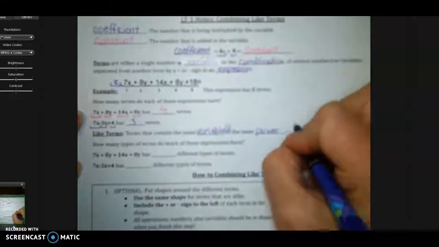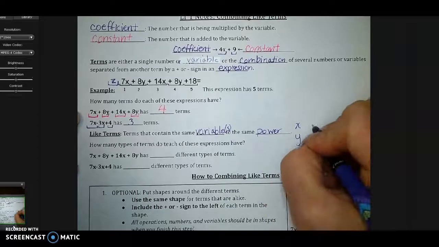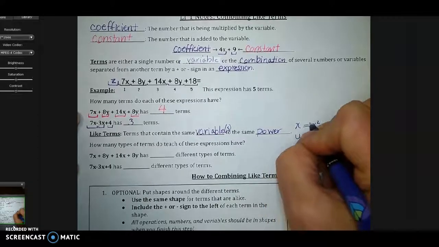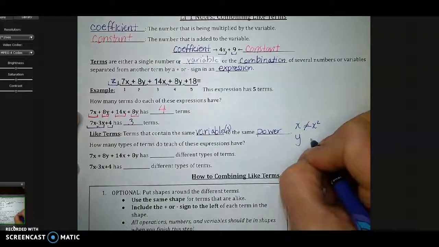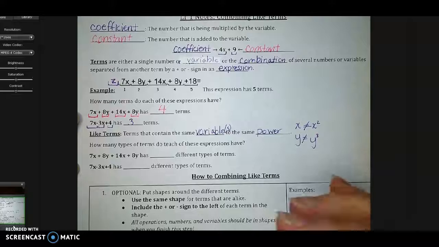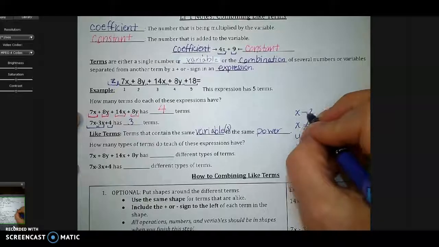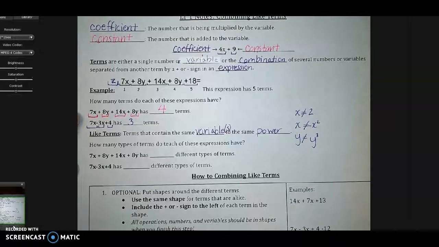So, for instance, all x's can be combined with x's, all y's can be combined with y's, but an x squared is not the same thing as an x, or a y to the third is not the same thing as a y. So I cannot combine those. Those would not be like terms. In the same way that x is not the same thing as a 2. These are also not like terms.